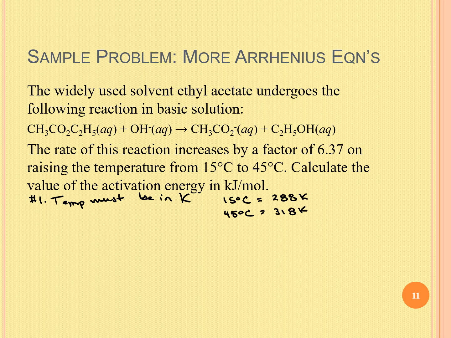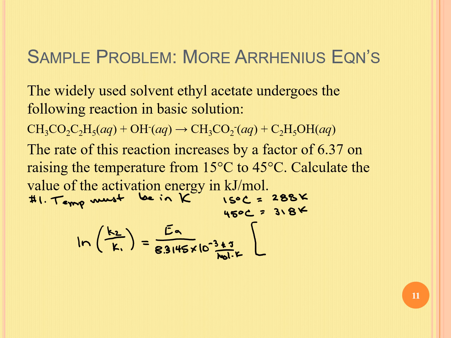Next, we're going to do the natural log of K2 over K1. I don't quite know that yet, so I'm going to leave it like that for right now. We're going to look for our activation energy, and it's going to be in kilojoules per mole, so our R is 8.3145 times 10 to the minus third kilojoules per mole Kelvin, times 1 over T1 minus 1 over T2.